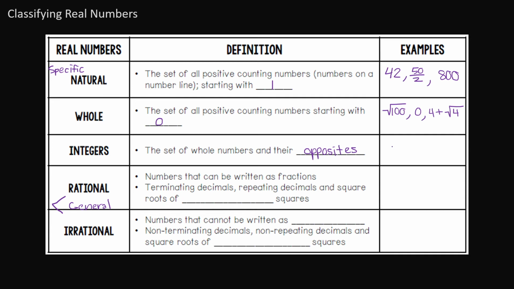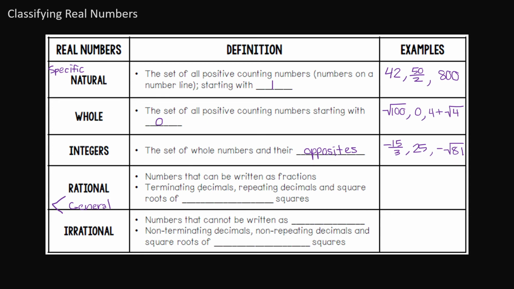So let's say we have negative 15 over 3. This would reduce to negative 5. Negative 5 is an integer. Integers can be positive. And what about the negative square root of 81? Well, the negative square root of 81 would be negative 9. Negative 9 is also an integer.